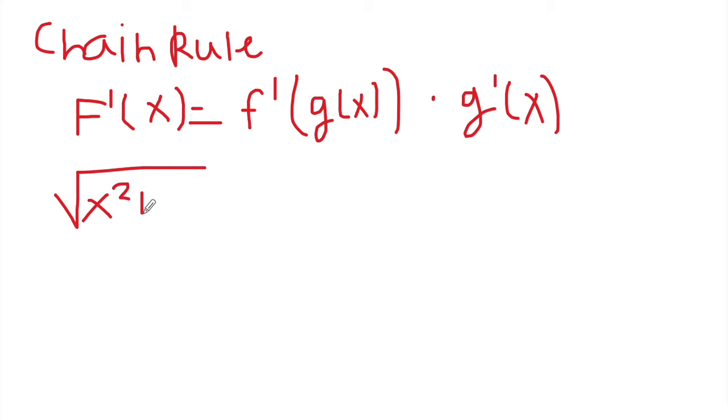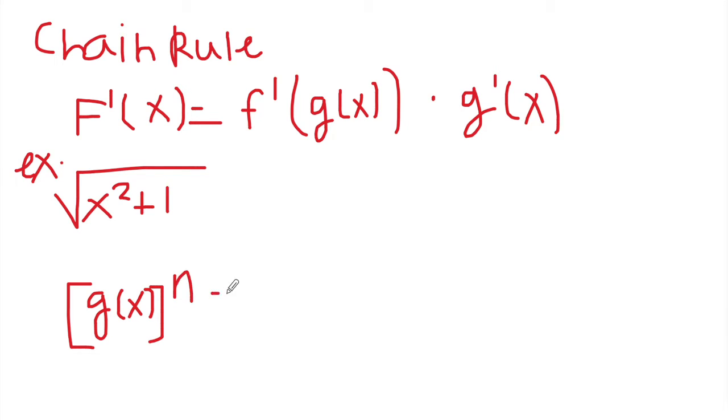This is an example that we're going to go over, but before we do that, I want to tell you something that we usually involve with chain rule. A lot of the problems you're going to see have a function like g of x raised to the power of n. The way chain rule works is you combine the power rule and the chain rule.